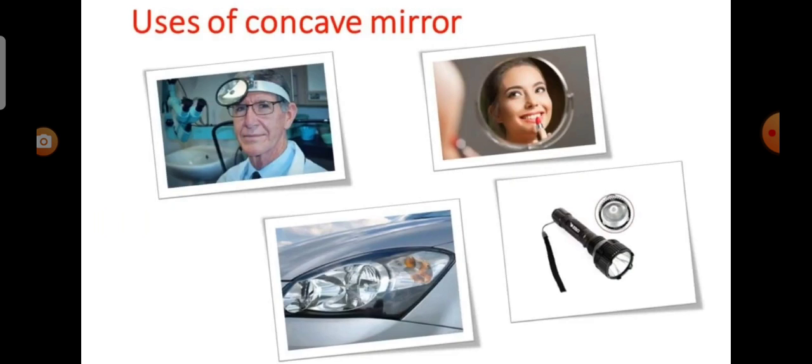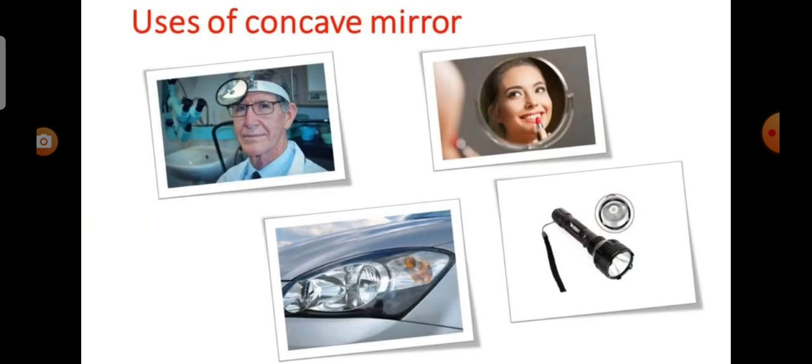Now we see the next one, uses of concave mirror. Dentist head mirror: a parallel beam of light is made to fall on the concave mirror. This mirror focuses the light beam on a small area of the body, such as teeth, throat, etc. Makeup mirror: when a concave mirror is held near the face, an upright and magnified image is seen.